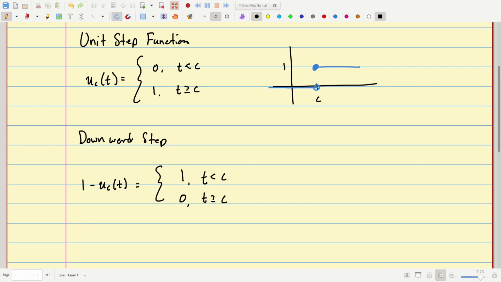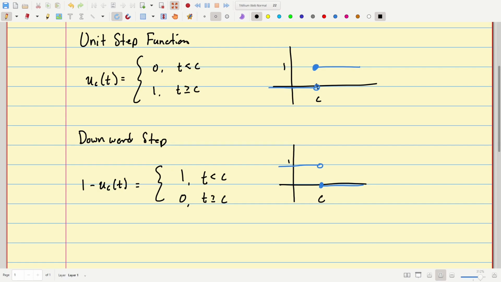And the way that we do that is just to take 1 and then subtract from it the unit step function. So simple enough.